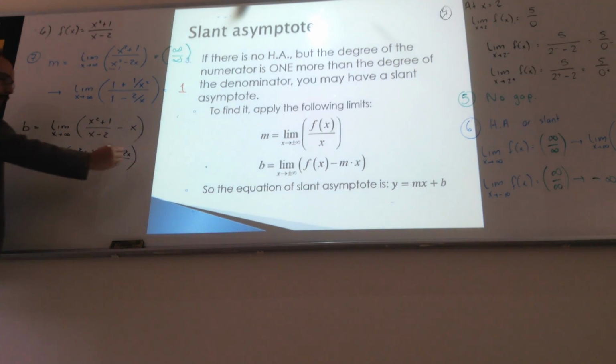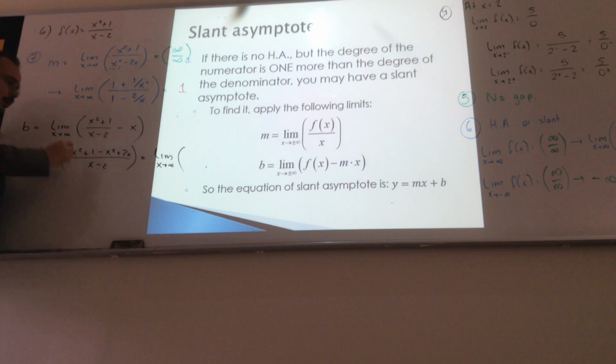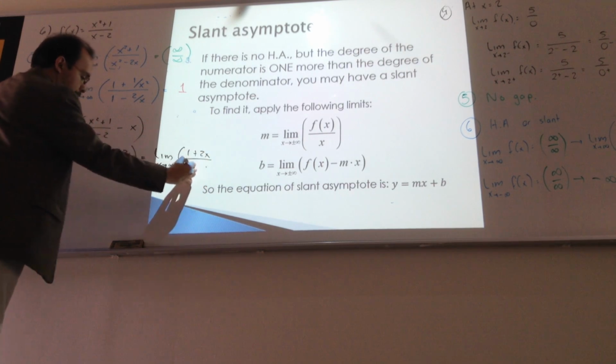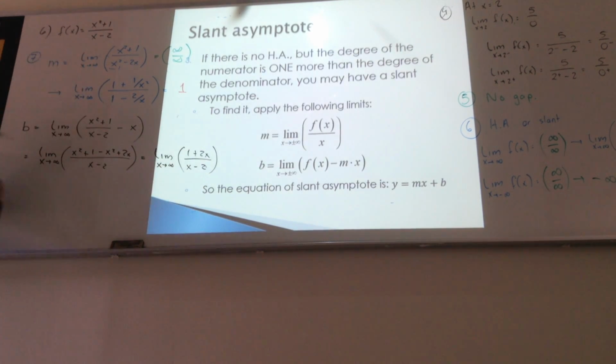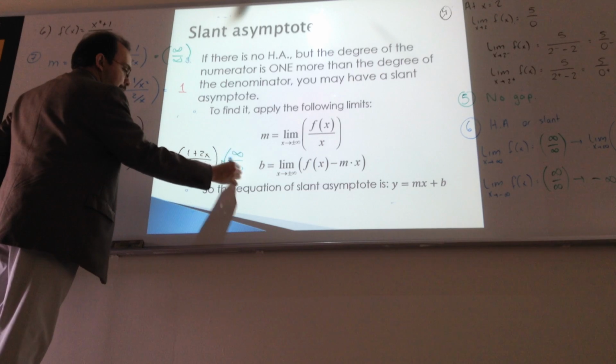Simplify. If I simplify, what do I get? Infinity over infinity. No, before that. Simplify. 1 plus 2x over x minus 2. Yeah? Infinity over infinity.